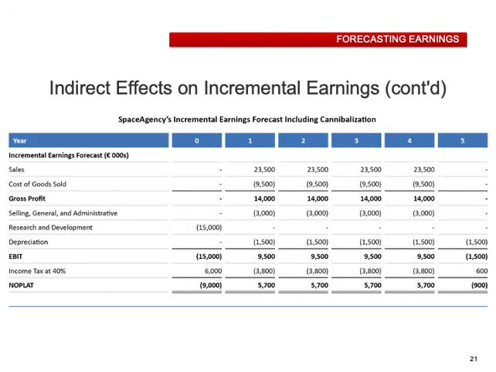In this slide, I made a new table concerning the incremental earnings, including opportunity cost and cannibalization. The only items that have changed are sales, cost of goods sold, and selling, general and admin expenses. Looking at sales, we originally had 26 million, but due to cannibalization, it has reduced to 23,500,000.